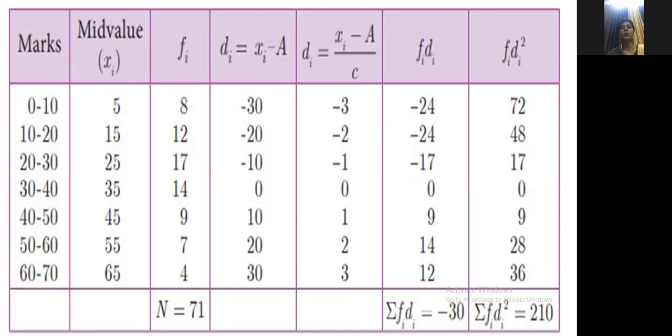After calculating this, the next columns are the multiplication of the frequency with the deviations and with the squares of the deviation. The last two columns show summation fi di equals minus 30 and summation fi di square equals 210. So let's start calculating the standard deviation for this.